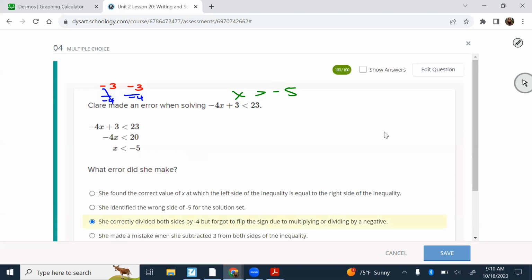Okay. Yeah, that's the one. Because subtracting 3 was a correct move. I don't know what they mean by identified the wrong side of -5 for the solution. And then the correct value of x at which the left side is equal, no, there's no way your inequality symbol will become an equal sign. So that's why it's not that one.